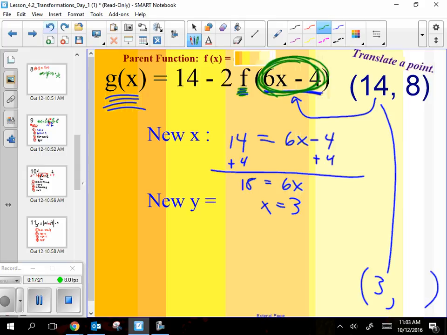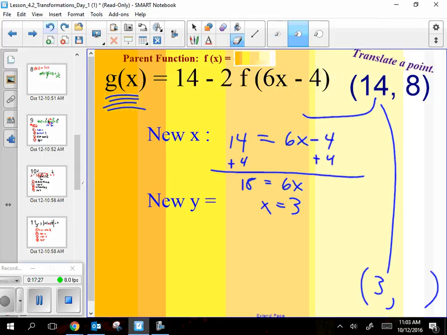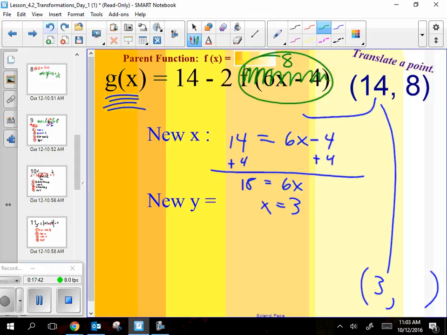I've said it a million times. F of x. So f of x, which is this whole thing, this is f of x. That should be 8. So I put an 8 right there.